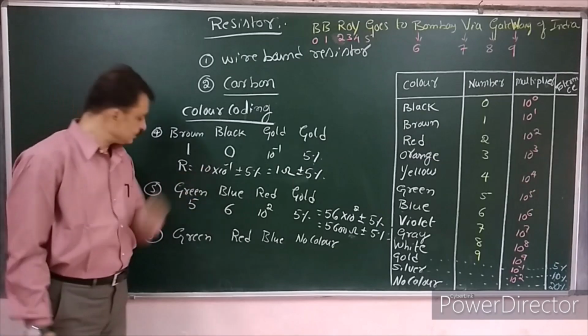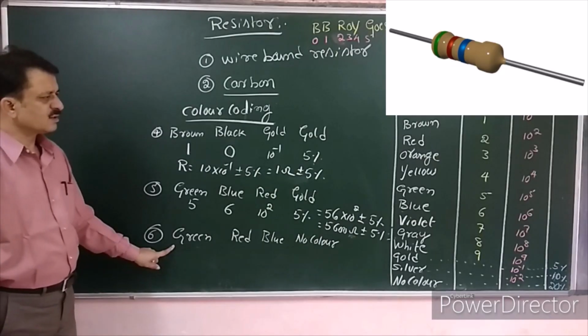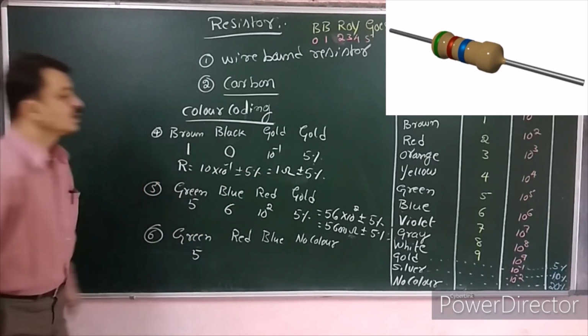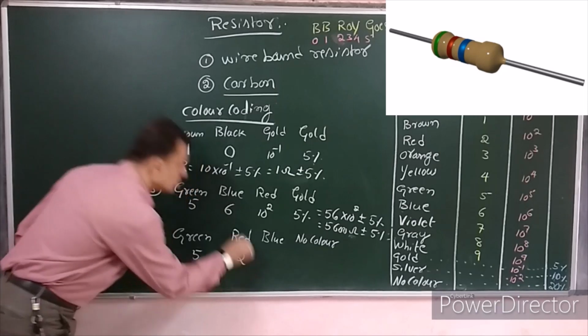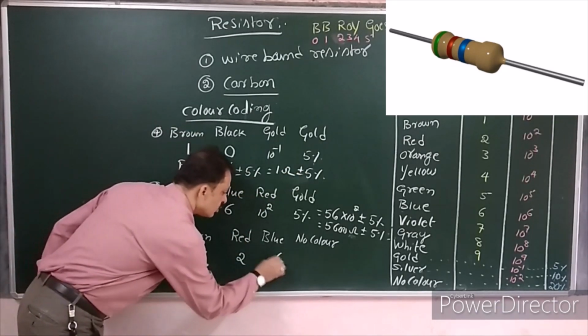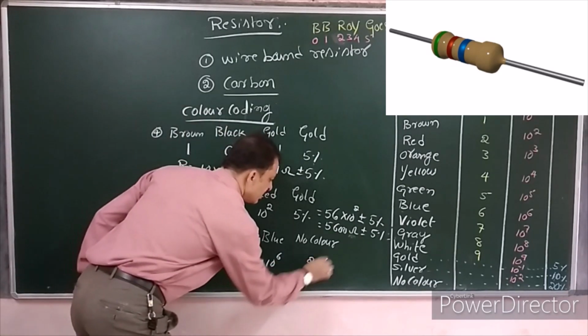Clear? Okay. Now next one is green. For green, we have 5. Red, it is 2. Then blue, it is 6, so 10 to the power of 6. And no color, the tolerance is 20%.